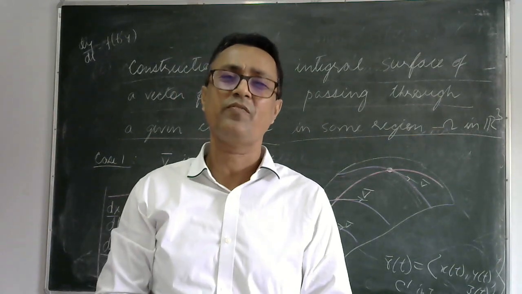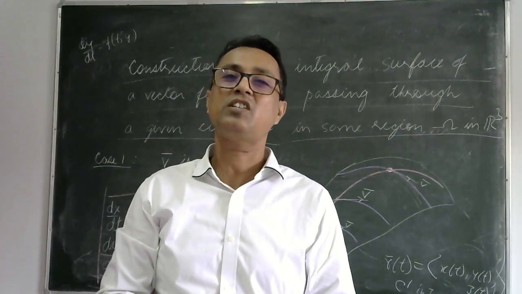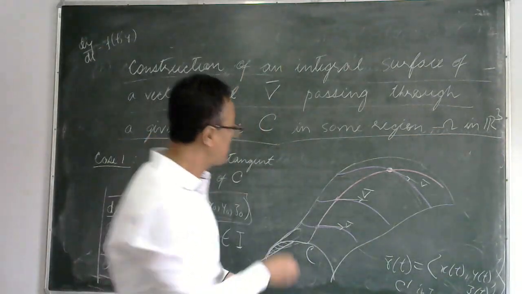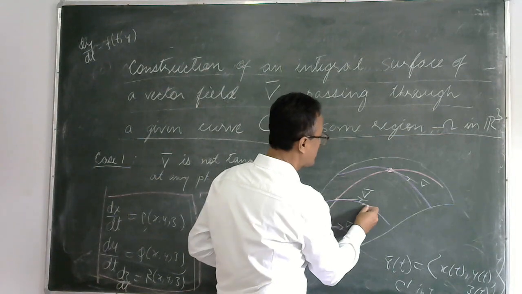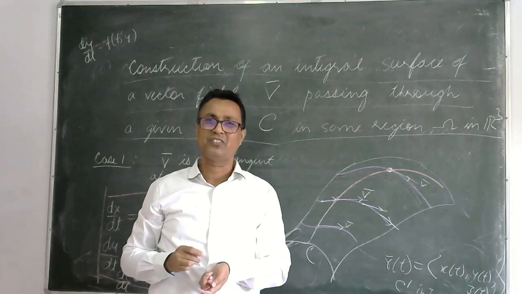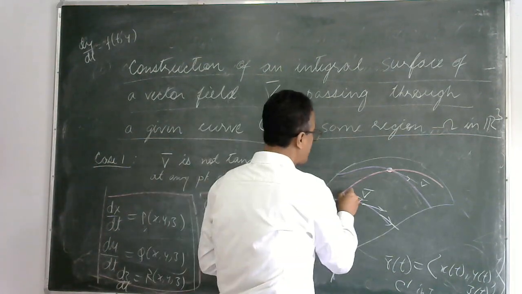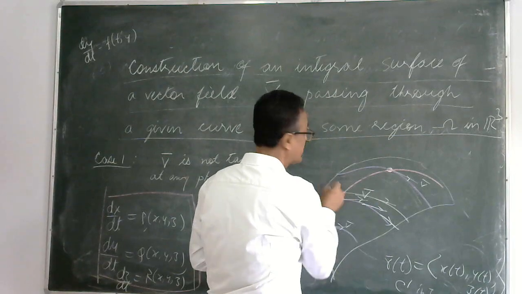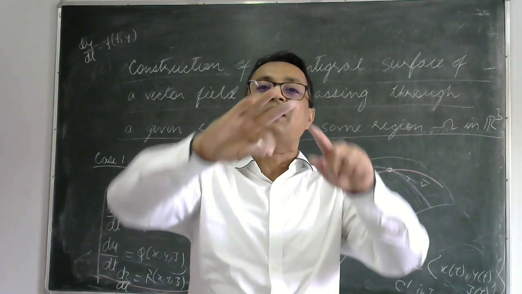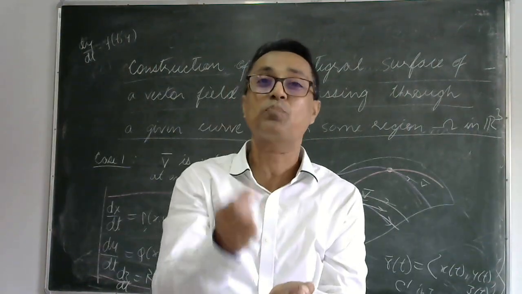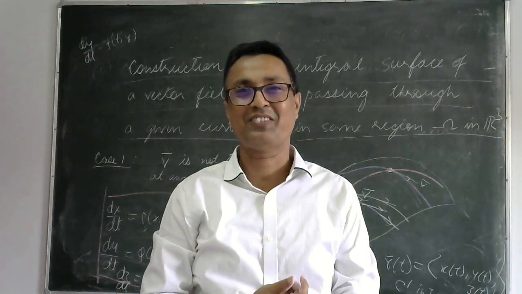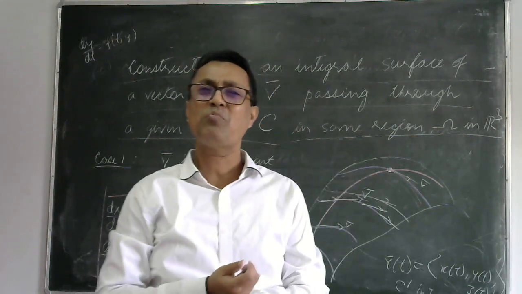Corresponding to that vector V, V must be a tangent at each point. So that condition is satisfied at all the points, and it is going to embed the whole surface, with V as a tangent at each point. Are you getting my point?